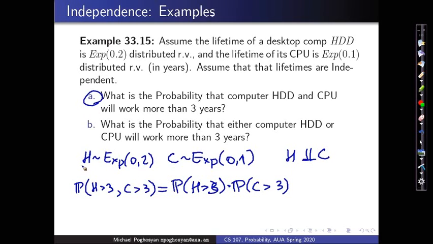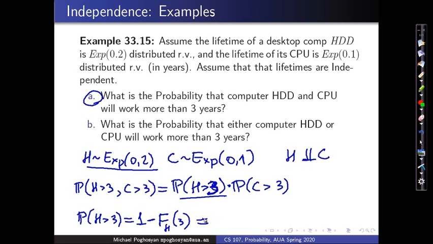Now, because I have this distribution exponential 0.2, I can calculate the probability that H will be larger than 3. Then having this, I will calculate that, and multiply to obtain that. Let me just recall how to calculate this. H larger than 3 is 1 minus the CDF for H at 3, and the CDF value was 1 minus e to the minus lambda times x.